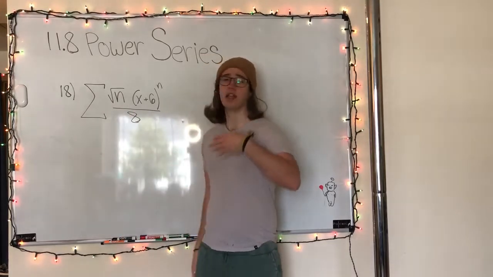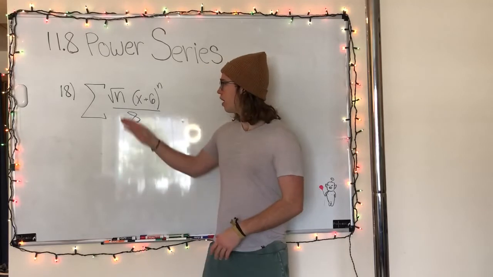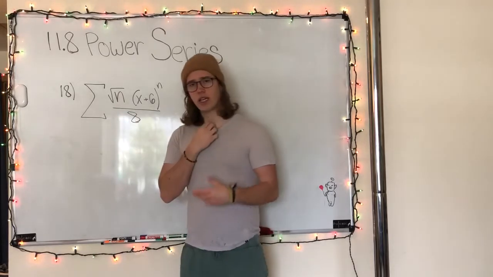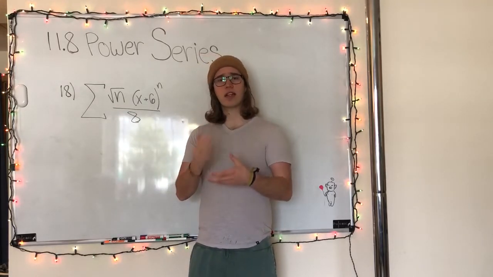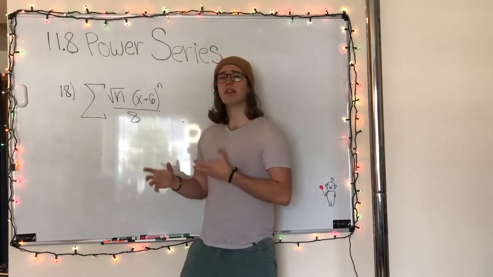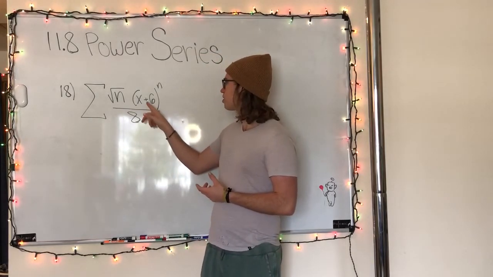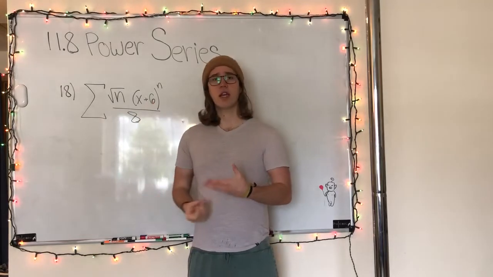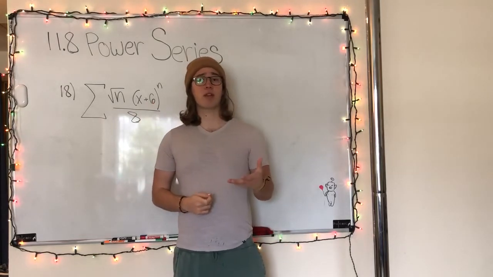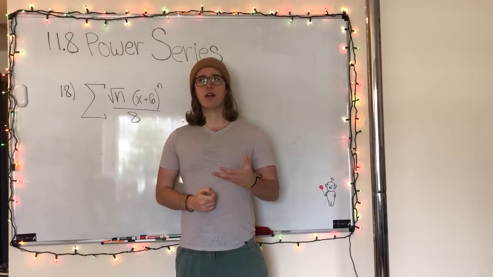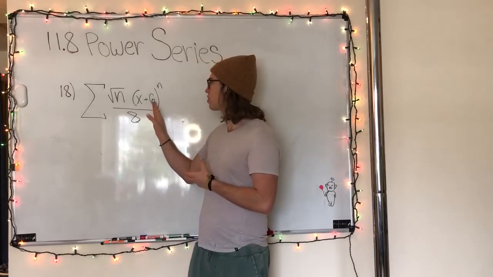If n equals 1 or something like that, we'll get small numbers. But as n gets very large, the numerator is going to get much larger than 8. And this x plus 6, no matter what x is, just gives you a multiplier, so it's not going to have anything to do with n.